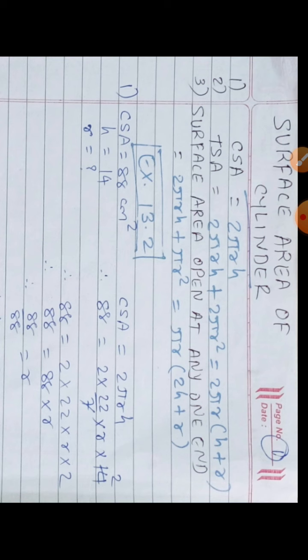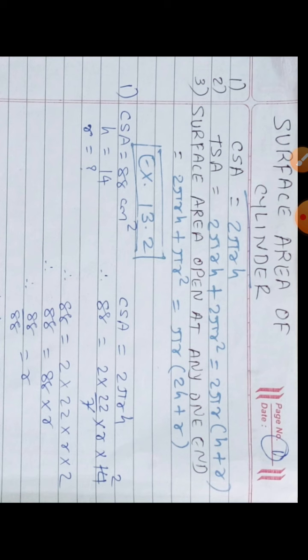TSA is used when the cylinder is closed from both ends. So 2 pi r square is added to 2 pi r h, means CSA. So 2 pi r is taken common, and it becomes 2 pi r times h plus r.